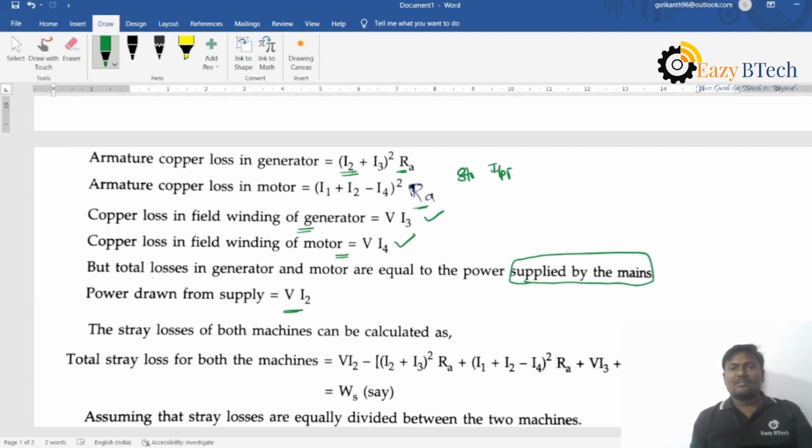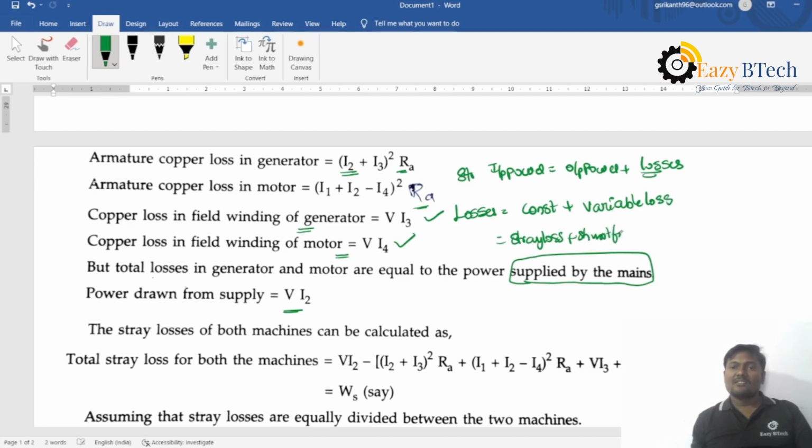Input power is equal to output power plus losses, and there are two types of losses: constant losses and variable losses. We can treat the armature copper loss as a variable loss. The constant losses are the stray losses plus the shunt field copper loss.